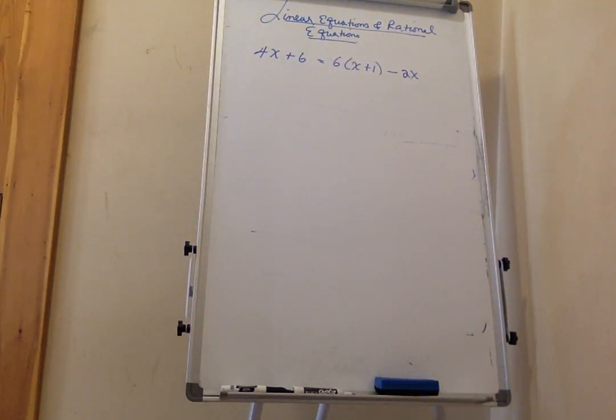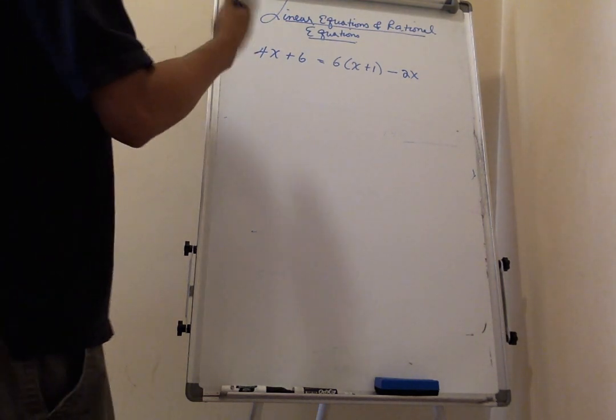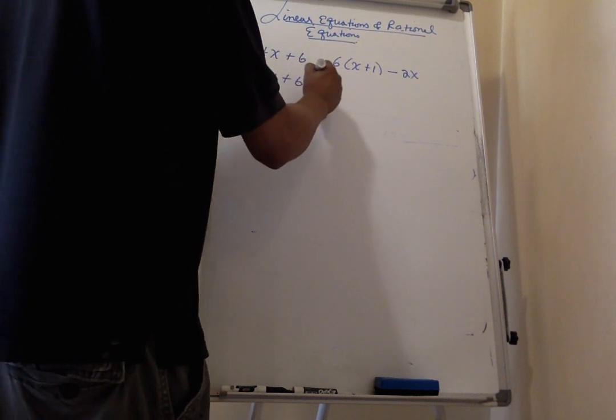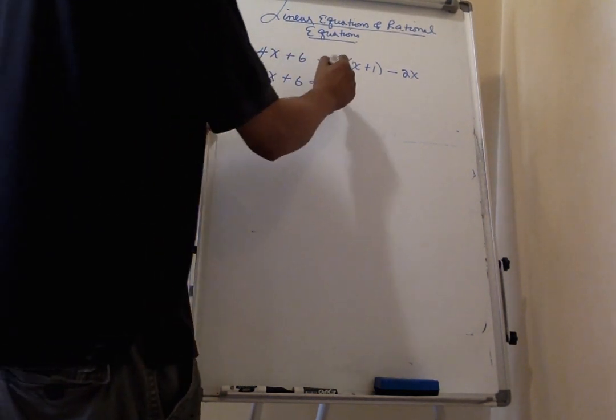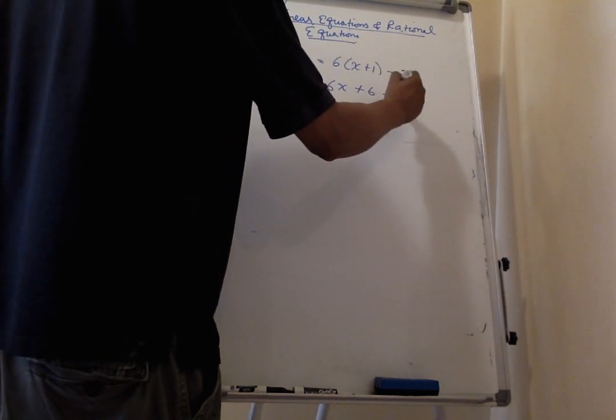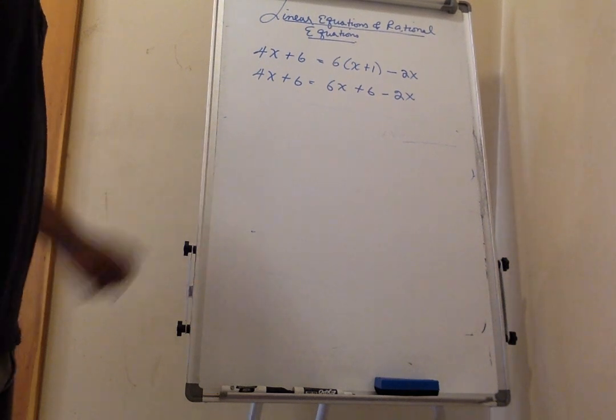This is the same equation written in different form. But let's just do a few steps, and you can see what I mean. Distribute 6 to everything inside. So this becomes 6x plus 6, and then you have minus 2x, right?